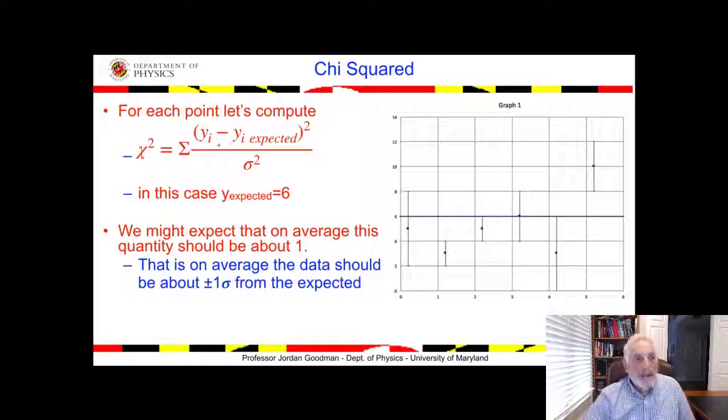And you might expect that this quantity, (y minus y expected) over sigma i, is of order 1 for each of our points if we're about 1 standard deviation away, because on the average, data would be about plus or minus 1 sigma from the mean value, or the value that we're testing.